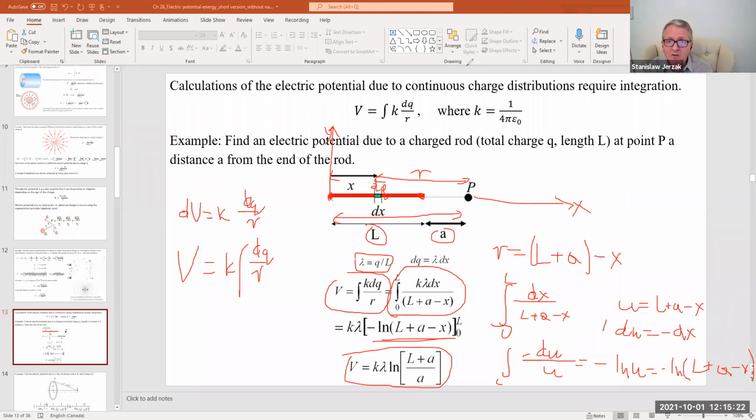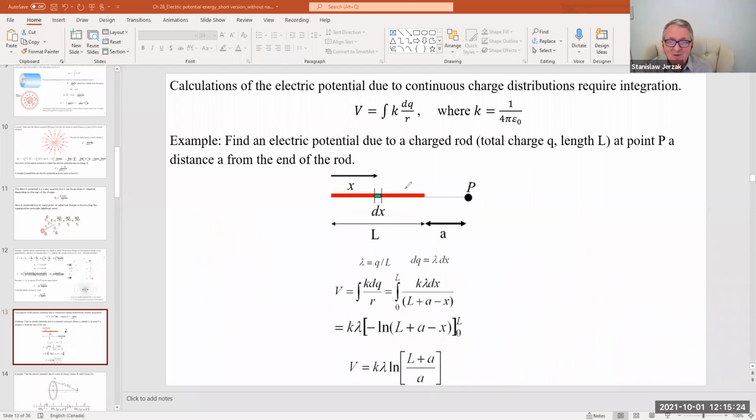But because I was initially using this as x, many students, I'm sure, would ask me, what if I designate this distance by x? Not like here, but if this is my x, how would you set up the integral?